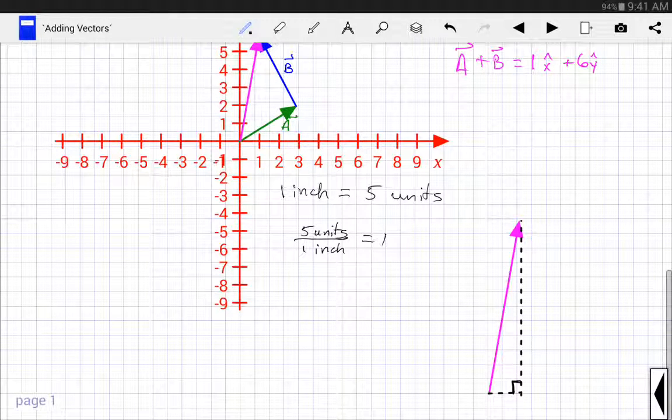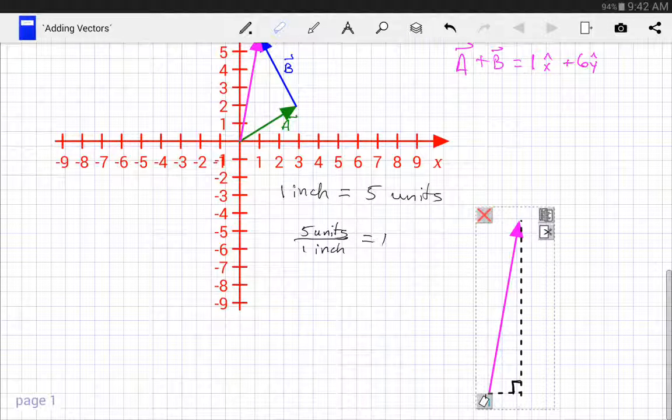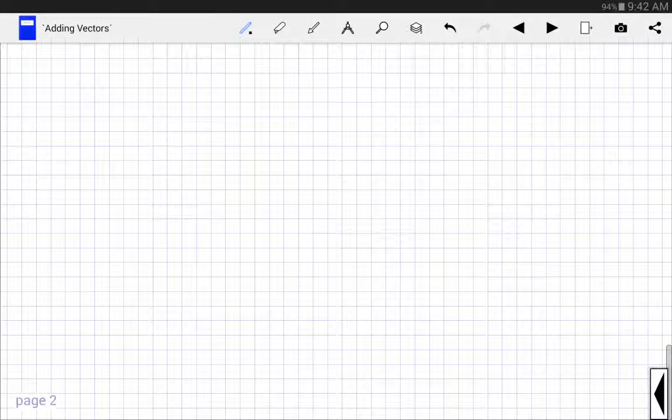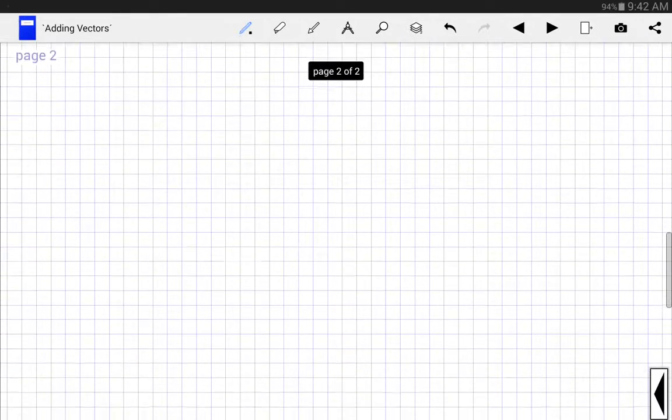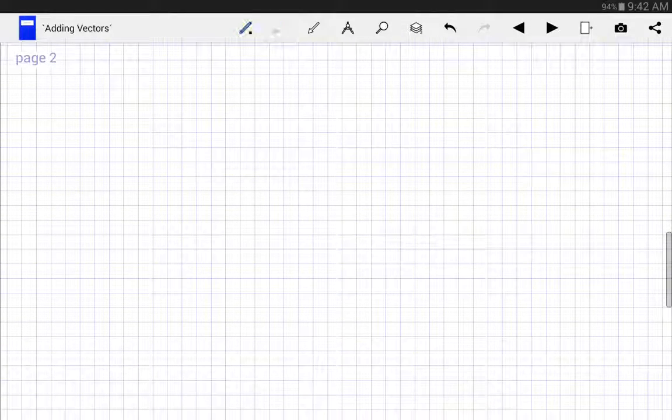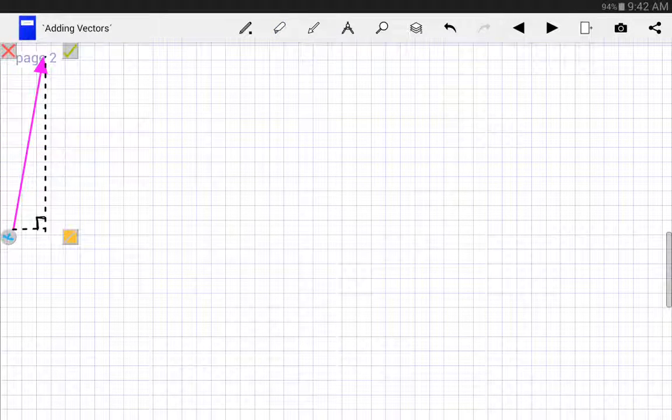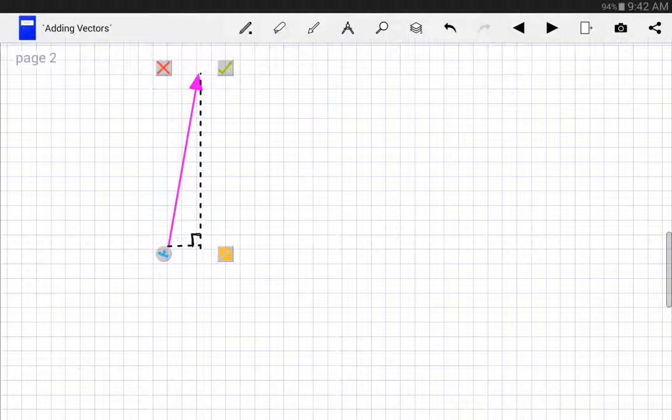Now we've learned some rules along the way. We have learned things like the Pythagorean Theorem and trigonometry functions, sine, cosine, and tangent. Now I'm actually going to copy this to another page so I have more room to work. So here we have it.